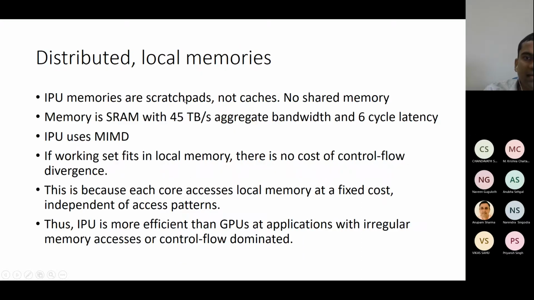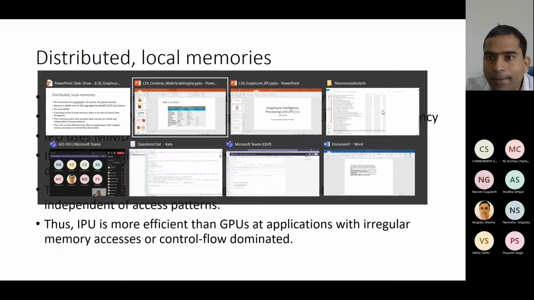So again, they are scratchpad. By the word scratchpad, I mean it is software managed memory. Almost all the accelerators we are seeing have software managed memory. They don't have hardware managed caches, and also there is no shared memory. So what is the example of shared memory?